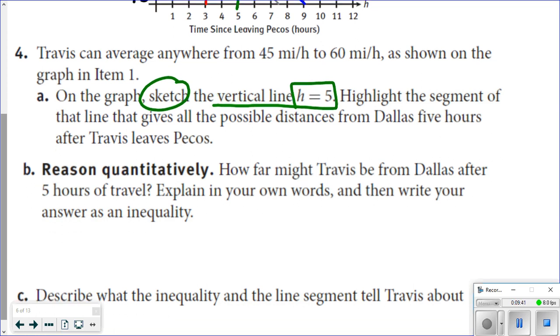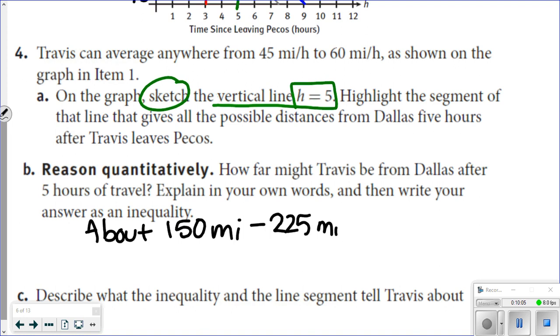How far might Travis be from Dallas after 5 hours of travel? It's okay if your numbers aren't exactly like mine. Okay. So my endpoints are at about 150 miles to 225 miles.